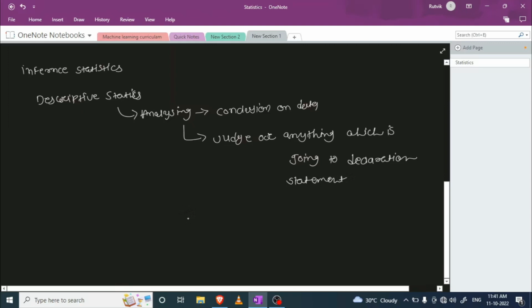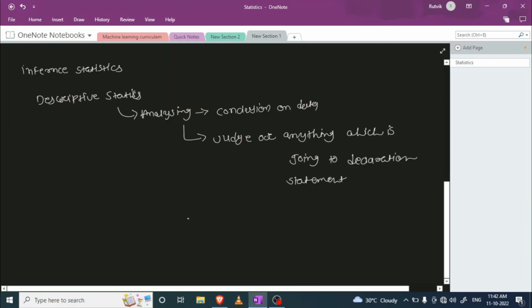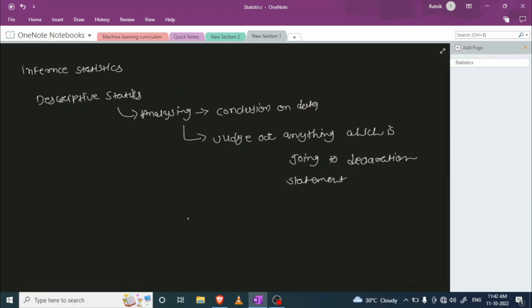So in descriptive statistics we do all the processing, whereas the part where we try to make a conclusion on the data is inference statistics. These are the two parts of statistics: first is descriptive and second is inference statistics.